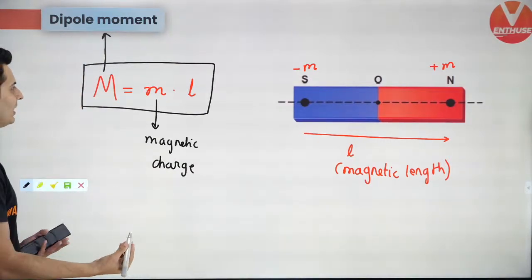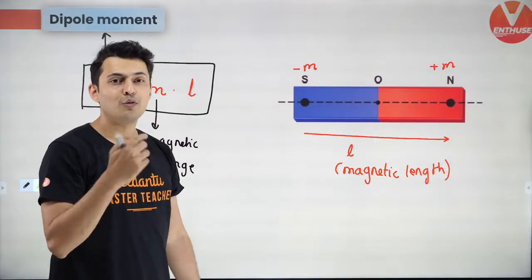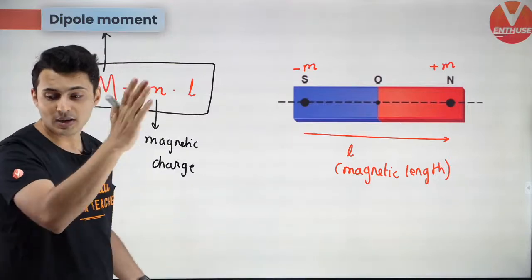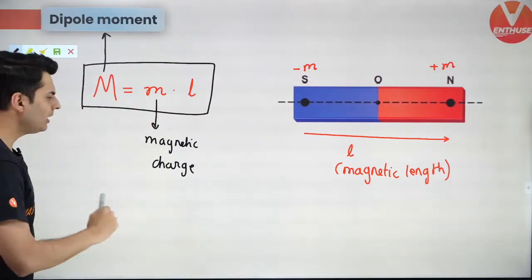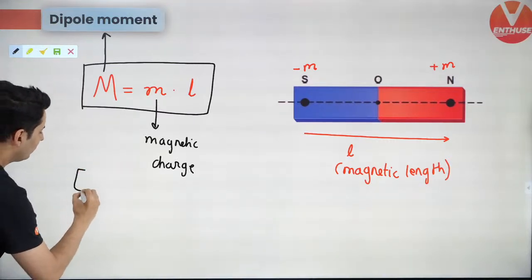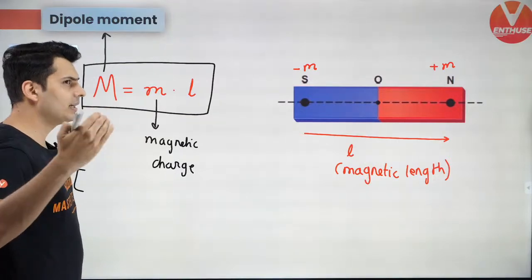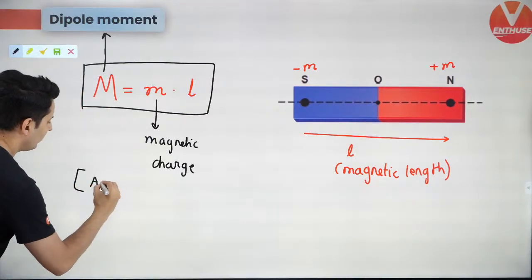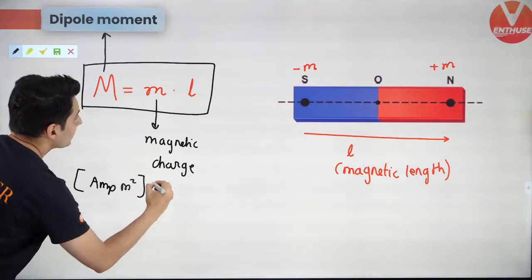So now think about it. Magnetic dipole moment, we have studied this already. Formula for that was NIA, etc. Remember that? So guys, think about it. M will be having the unit of NIA, number of turns into current into area. Number of turns does not have any unit. Current has the unit of ampere and area has the unit of meter square.